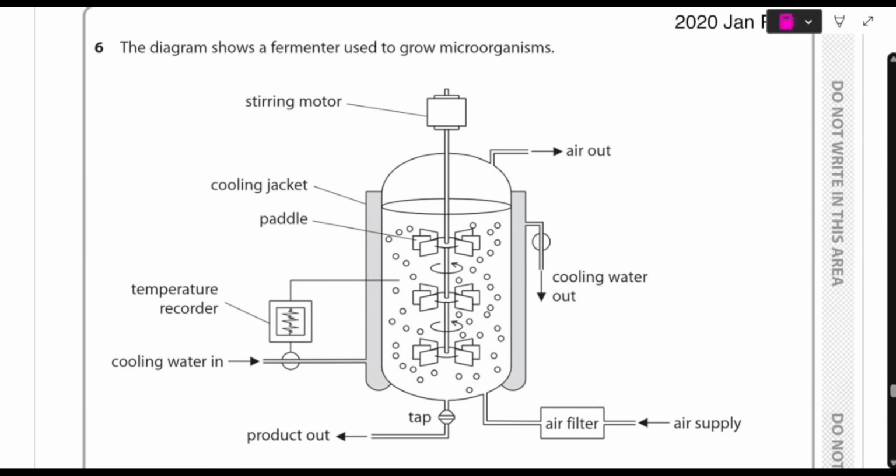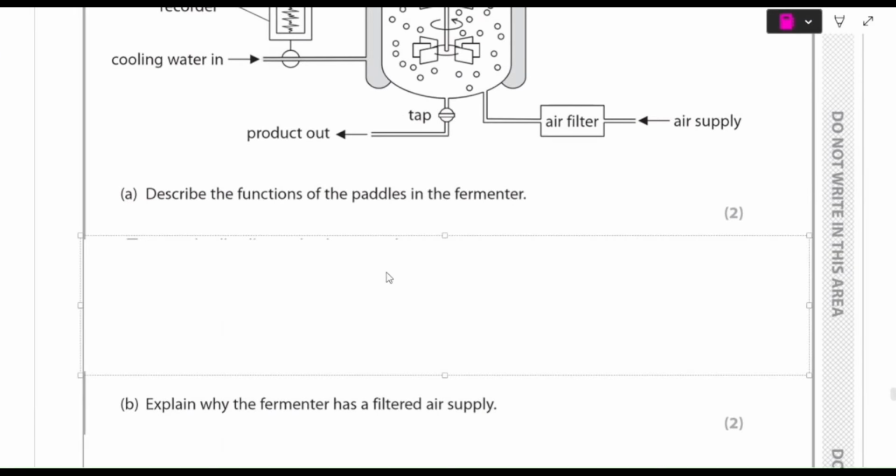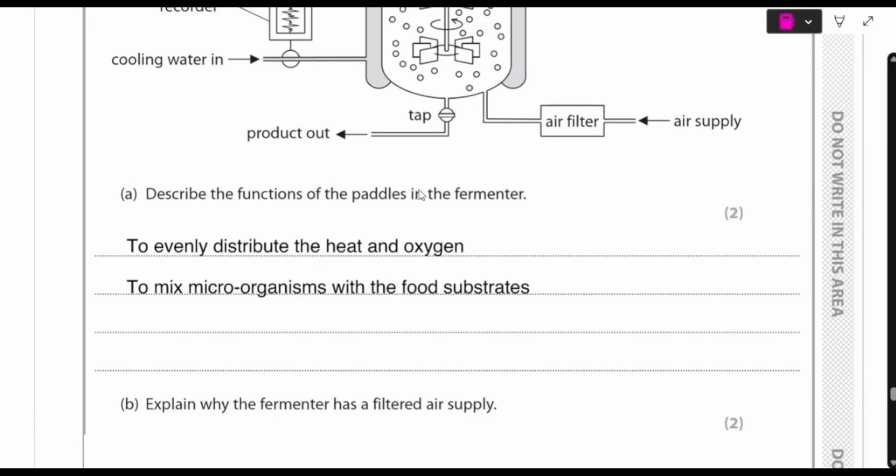They are used to mix the contents together, to mix the microorganisms and the nutrients together, and to evenly distribute the oxygen and temperature for aerobic respiration and optimum enzyme activity. So it evenly distributes the heat and oxygen, and mixes the microorganisms with food substrates or nutrients.